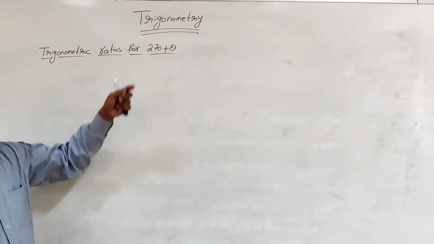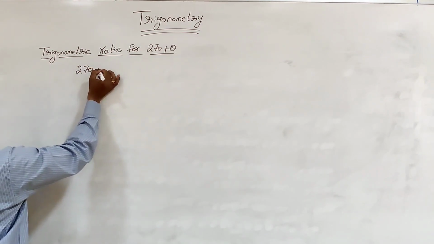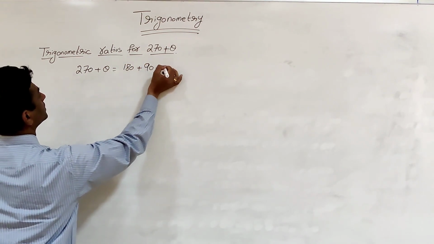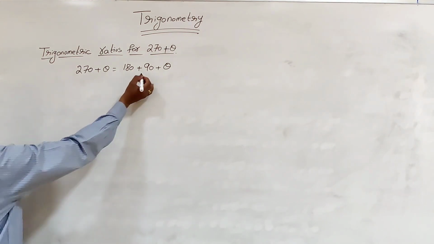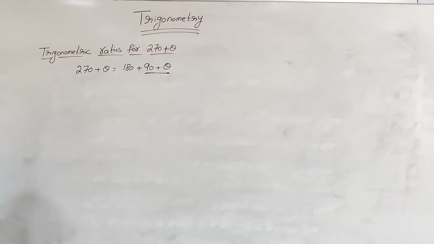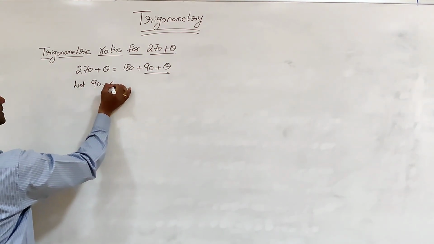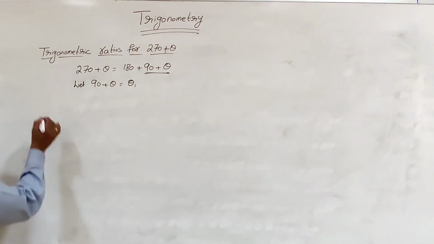Now we'll see the trigonometric ratios for 270 plus theta. 270 plus theta can be written as 180 plus 90 plus theta. So 180 plus 90 gives 270. Now assume that 90 plus theta, for the time being, is an angle theta 1. So let 90 plus theta be theta 1. Now we'll see one by one.